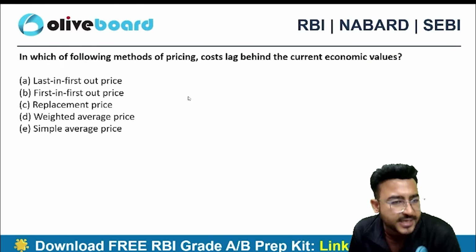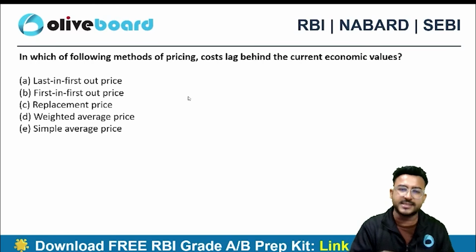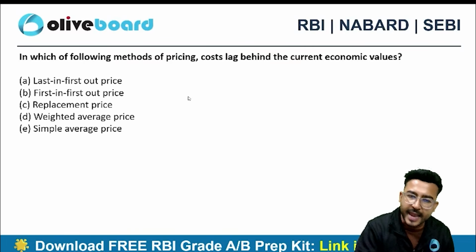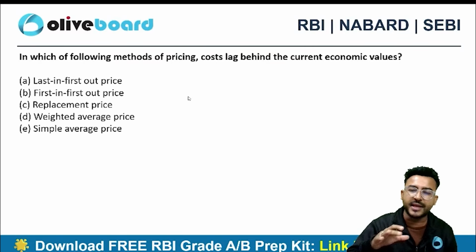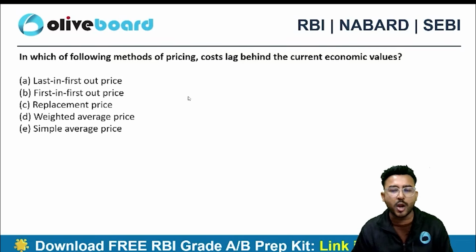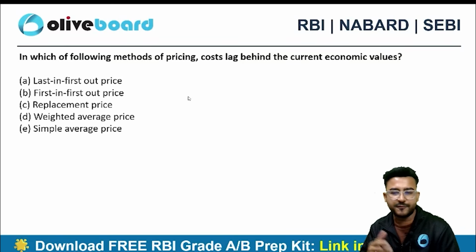So next question, guys: in which of the following methods of pricing does the cost lag behind the current economic values? This is a logical question based on your FIFO, LIFO.